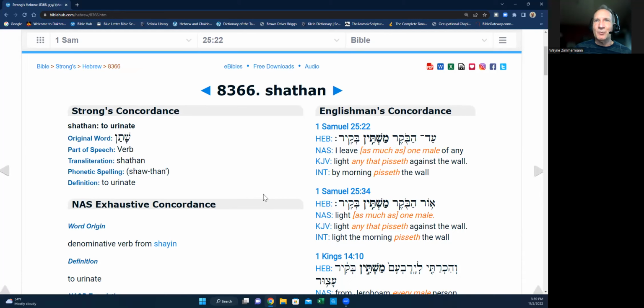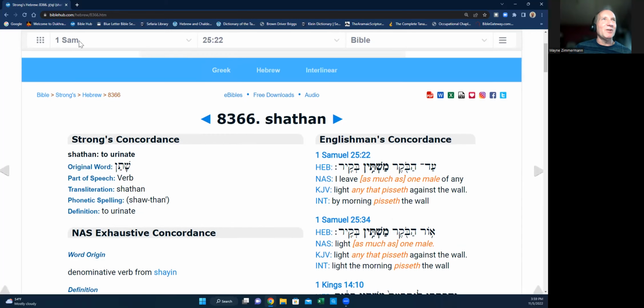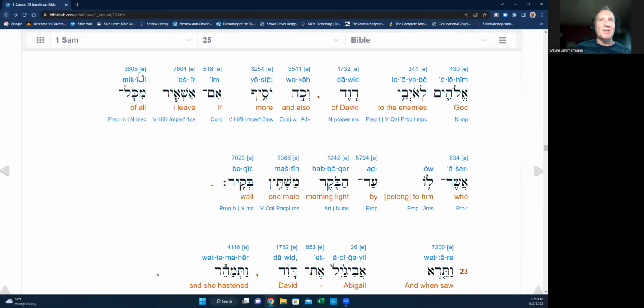But here it was definitely pretty common knowledge that if there was a wall and you were a guy, this is what you could do against the wall when you needed to relieve yourself. The fact that that makes it into biblical passages gives us a little bit of insight into the culture of that time. Obviously, very foreign to us, very different, but it does enlighten us by having these Hebrew words and being able to look at these.